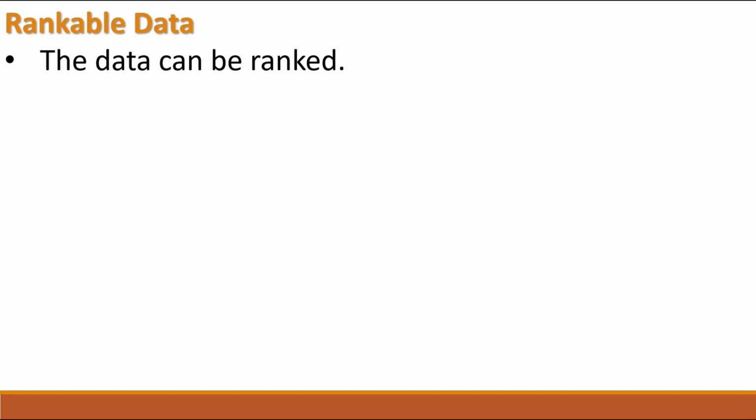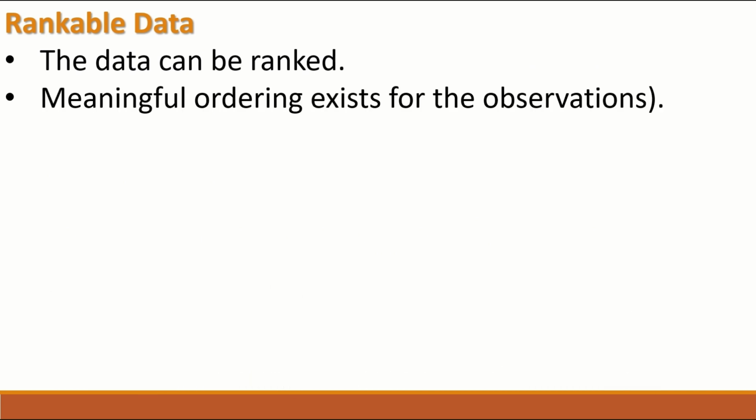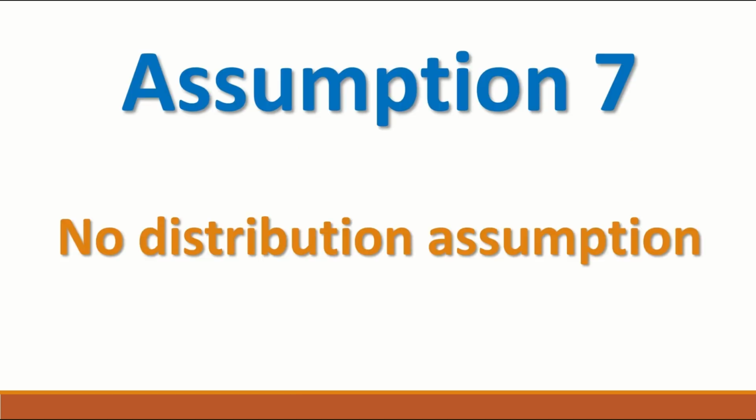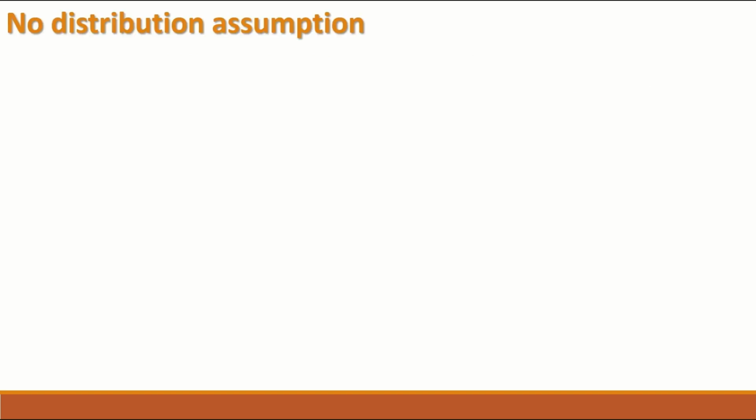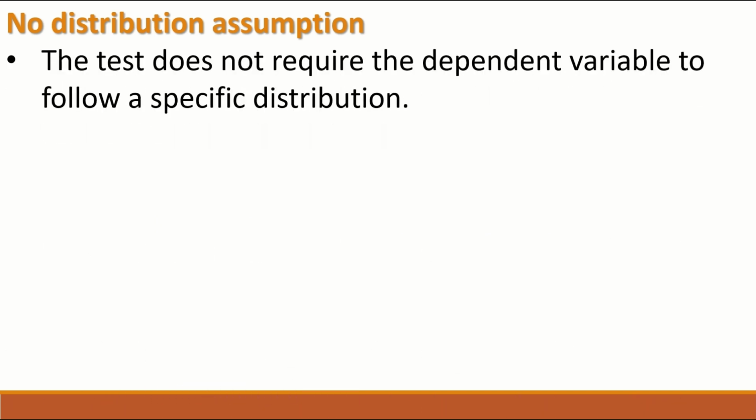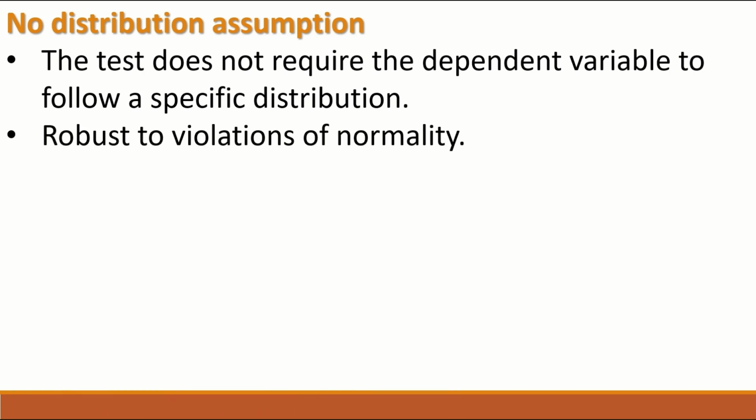The sixth assumption is rankable data. The data can be ranked, which means that order does exist in the observations. The seventh assumption is that there is no distribution assumption, which means that the test doesn't require the dependent variable to follow a specific distribution.